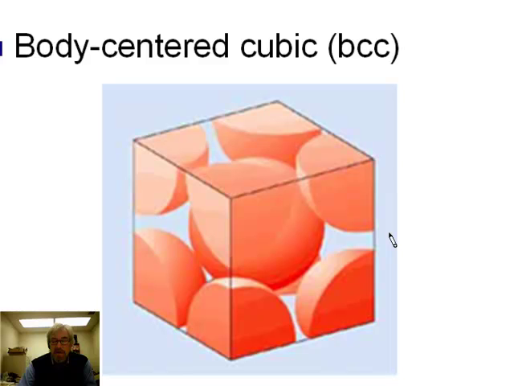And now we're going to look at the geometry. Now this one's a little more complicated because the atoms don't touch on the edge or the face diagonal. They touch on the interior diagonal. So that means I'm starting here at this corner and I'm going down to this other corner way down here. So I'm going to try and sketch that line through here. It goes right through the center of that body-centered atom.